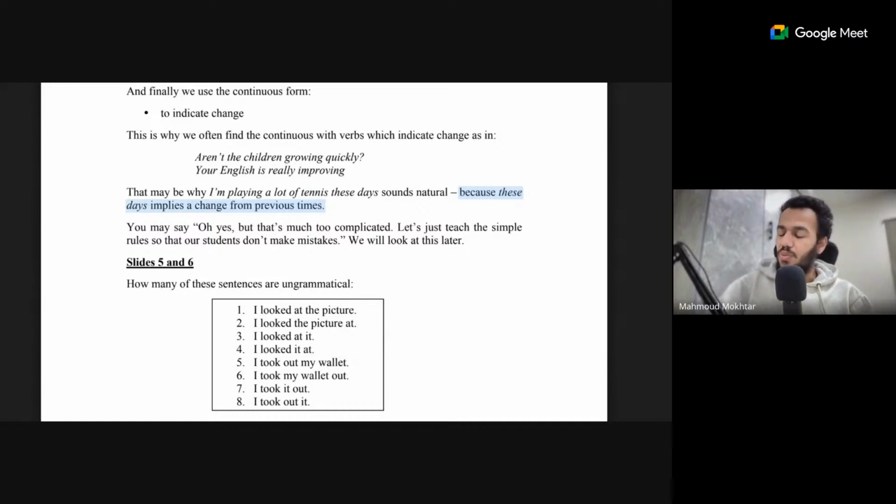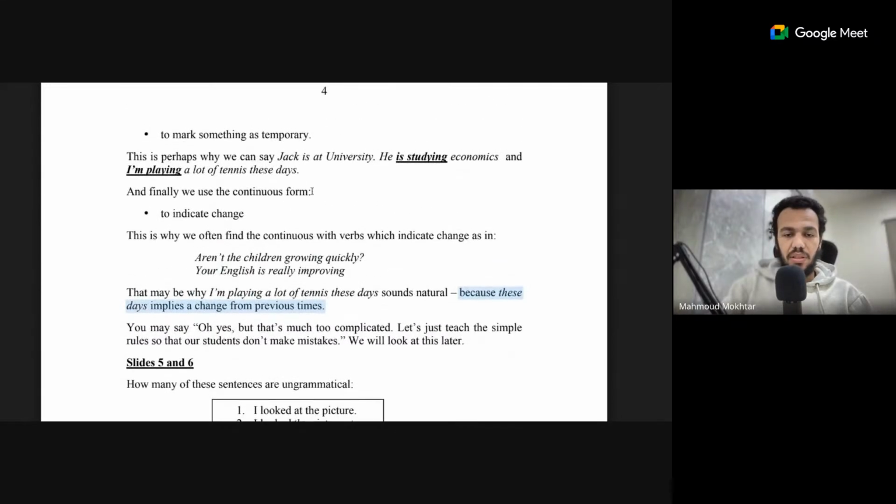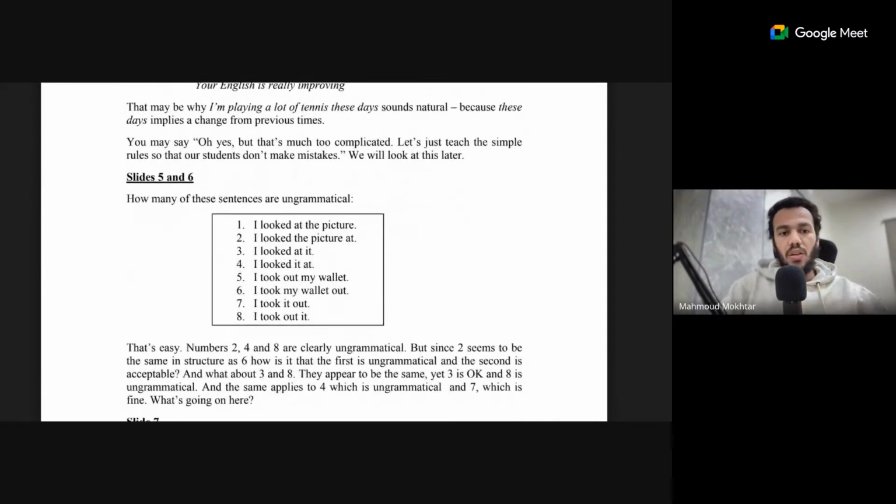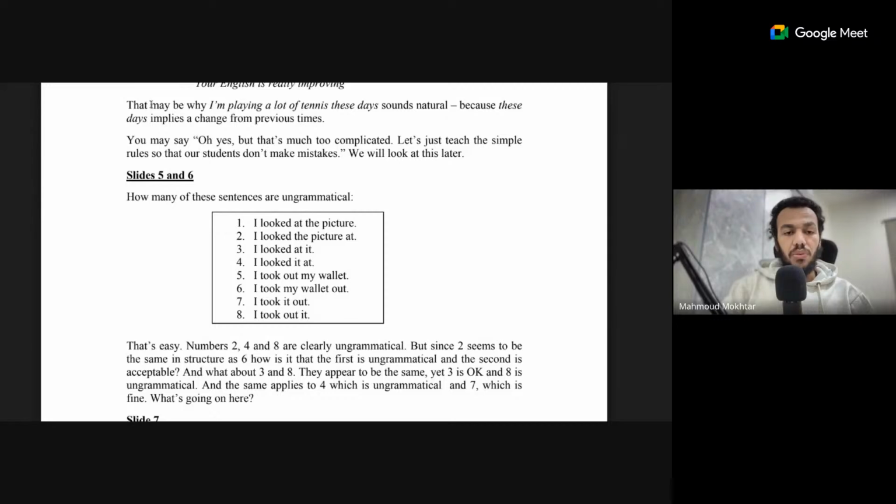Okay, so that is why. It's a change from previous times. It's not because it's temporary this time. Temporary is that one, but this is a change from previous times. Okay, that may be why I'm playing tennis.